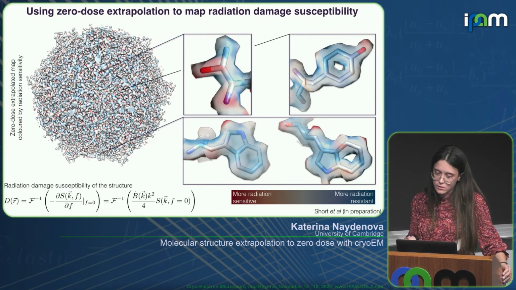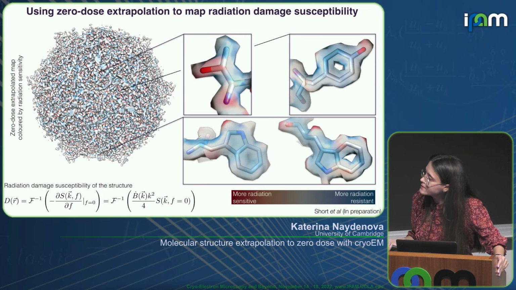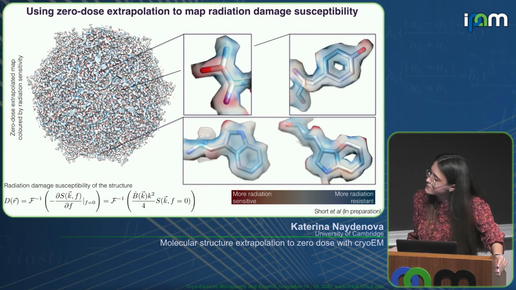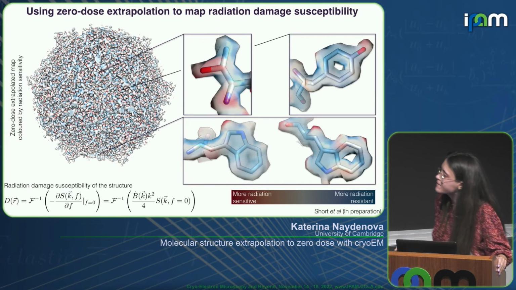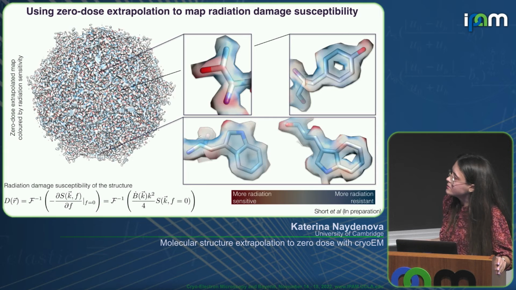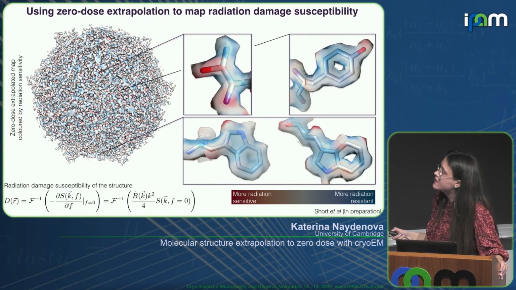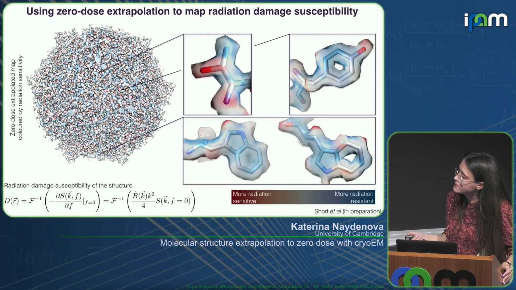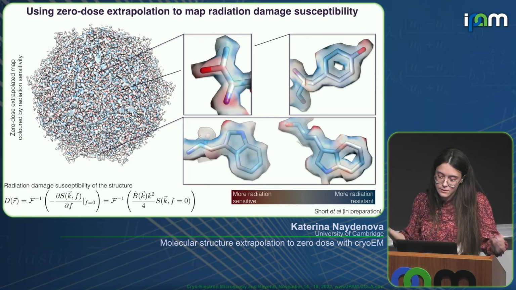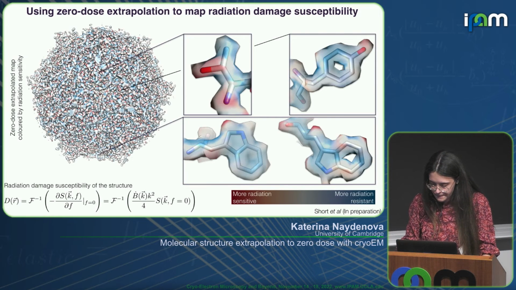And then you can take your zero-dose extrapolated map, open it in your favorite software, and color it by this damage rate, which we just define as the negative of the derivative of the structure factor with respect to fluence evaluated at the earliest fluence. And you can see all sorts of fascinating things, like how different side chains are differently radiation sensitive, and potentially this could be helpful for your model building, but also just for studying radiation damage in general.